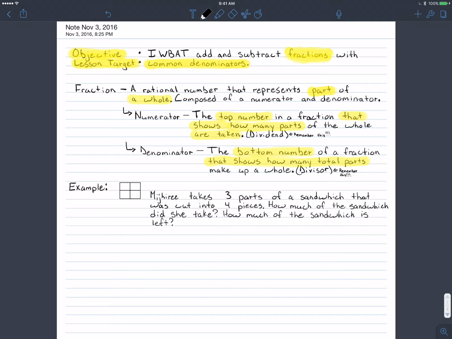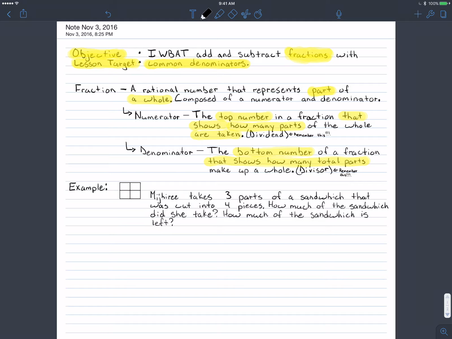Remember this, because when we deal with improper fractions, we're going to dive a little bit deeper into this. A fraction is also composed of a denominator, which is the bottom number of a fraction that shows how many total parts make up a whole. This is the divisor, so I really want you to remember this.